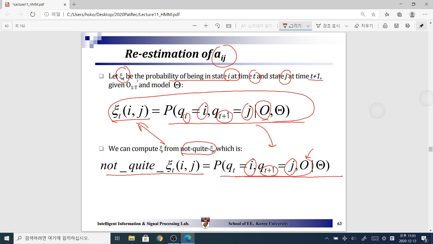So this is a joint probability, having the observation sequence as part of the joint variables given the parameter.